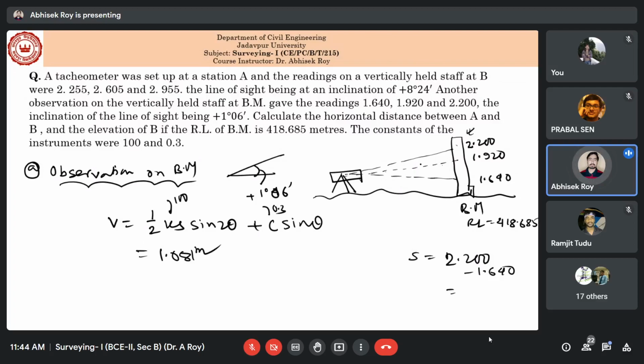Now I want to calculate only this height of the instrument at this instrument station, right? So the elevation of the line of collimation at this point, that I want to calculate.